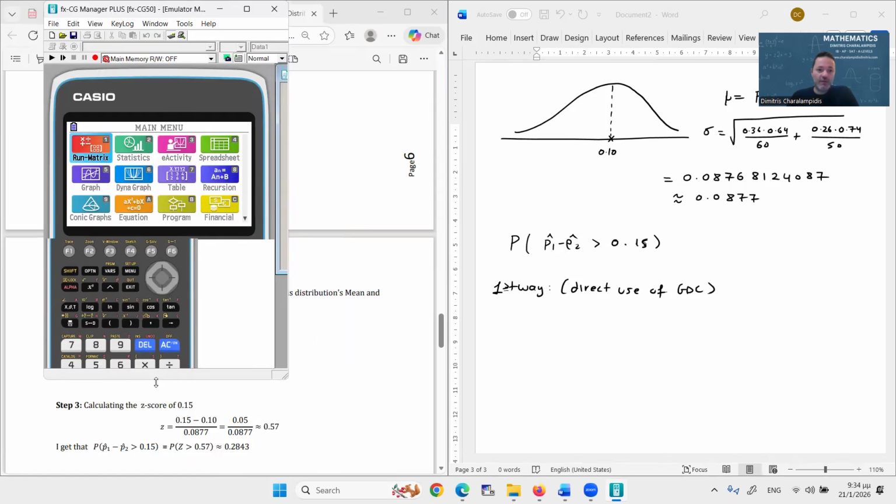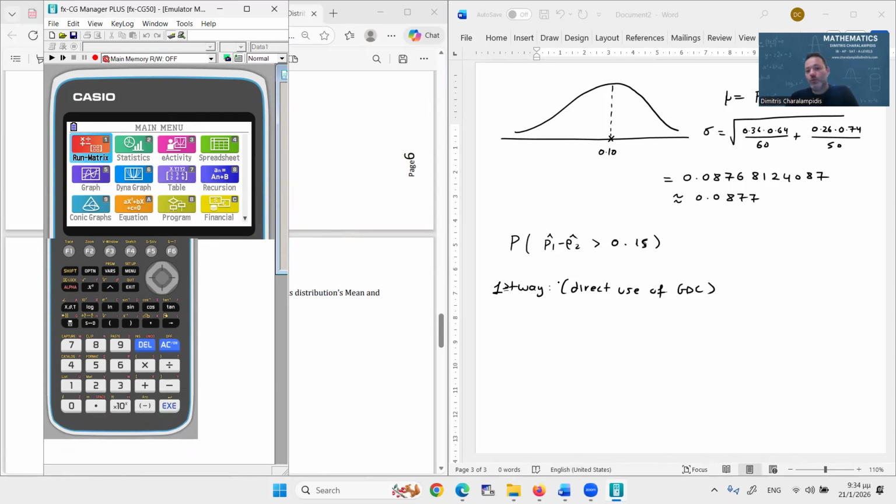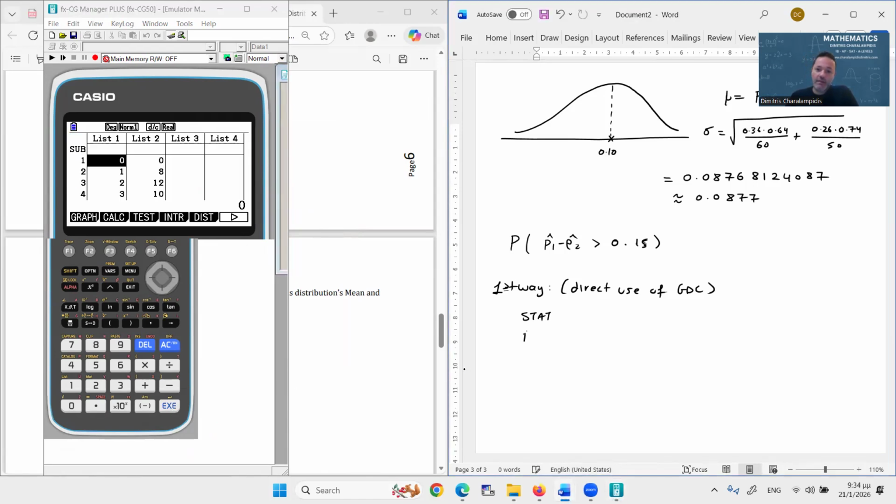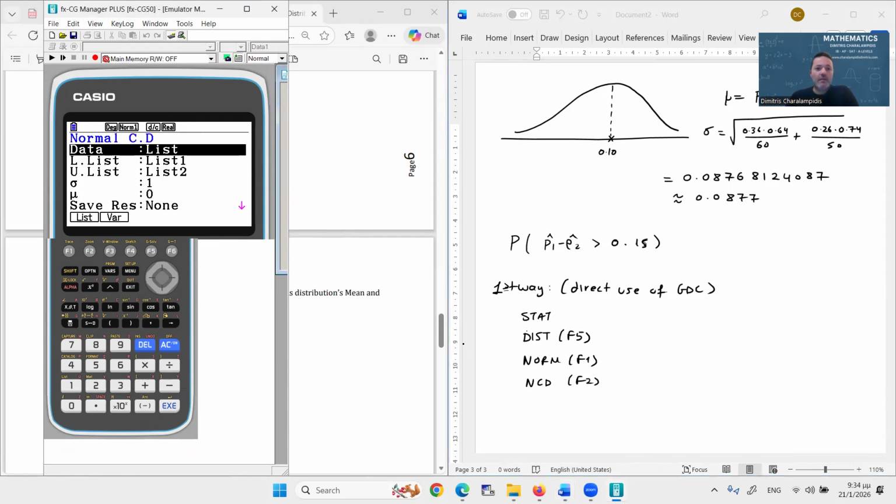In order to do that, I need to go to Statistics, then Dist, which is the F5 button, then Norm, which is the F1 button, and CD, which is the F2 button. This will pop up this screen here.